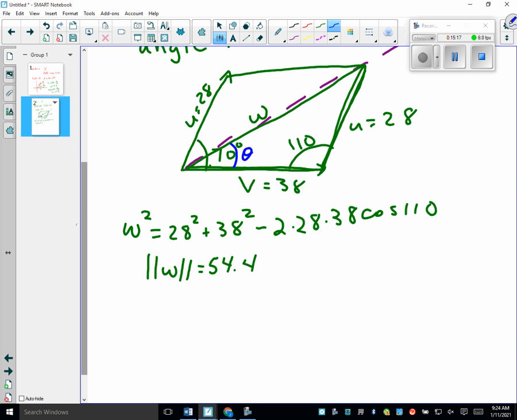Is the sine of theta over 28 equal to the sine of 110 over 54.4? What is that we're using? Law of sines.